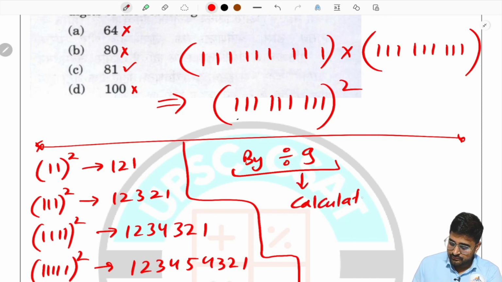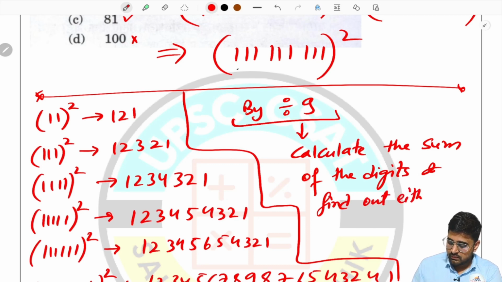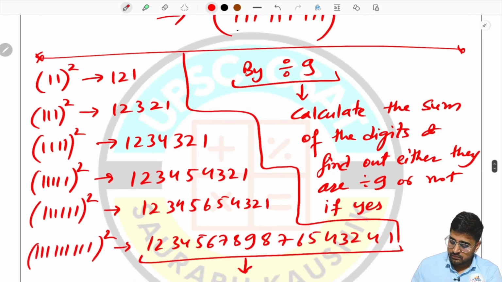Calculate the sum of the digits and find out whether they are divisible by 9 or not.